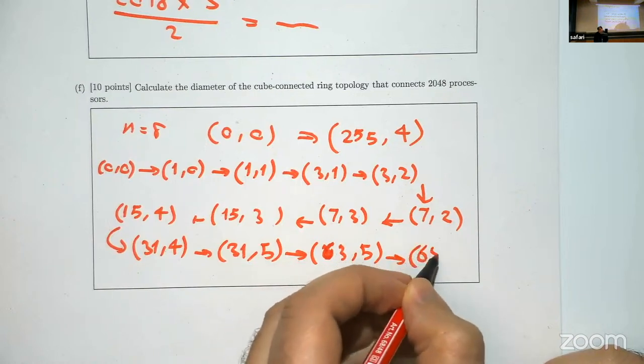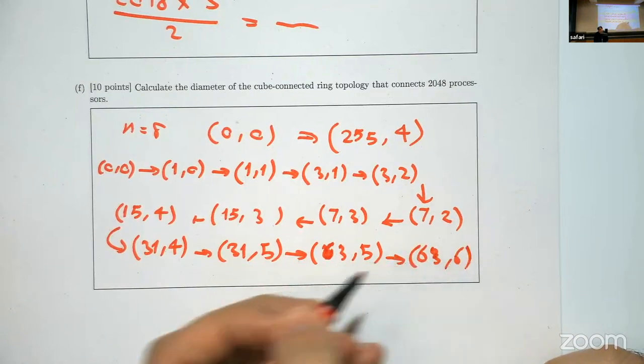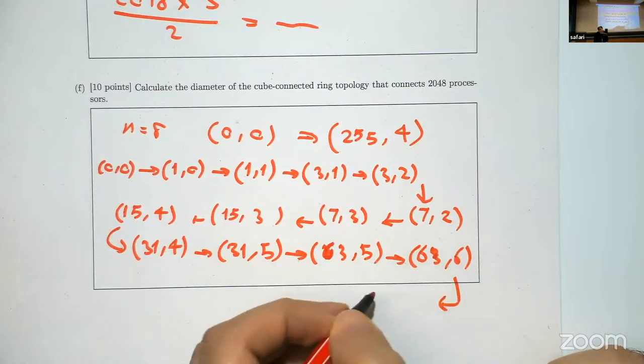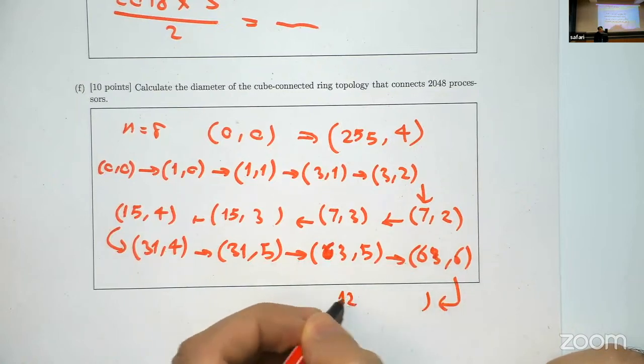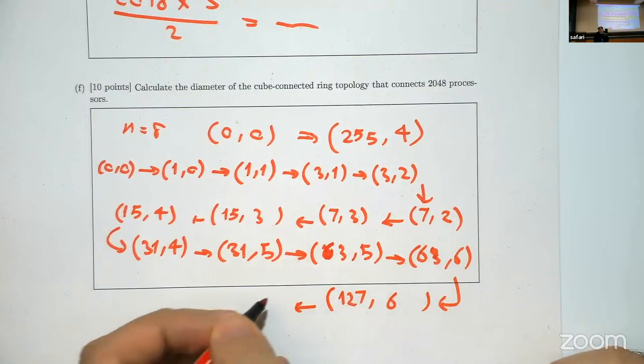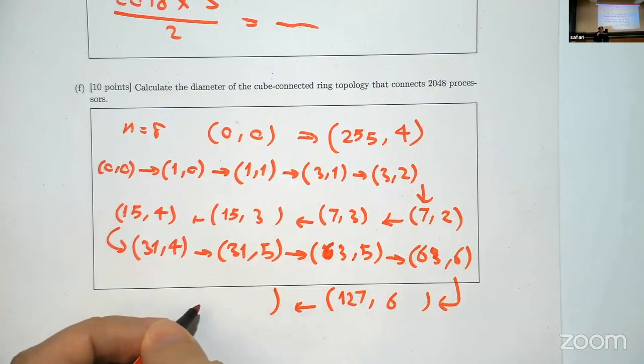And then another one in the ring. Another one in hypercube. Another one in ring. Now we should go back, basically, right?